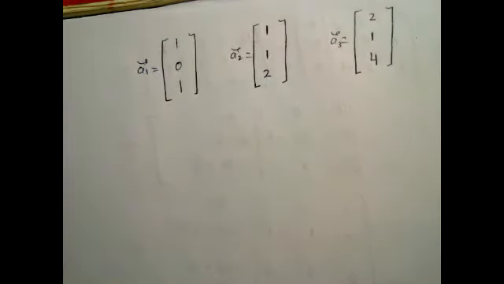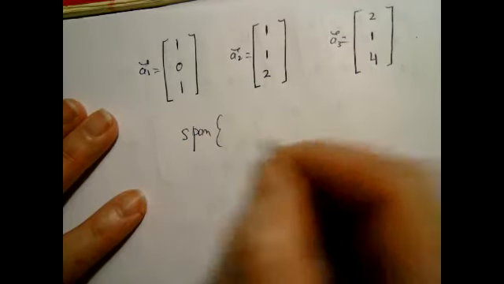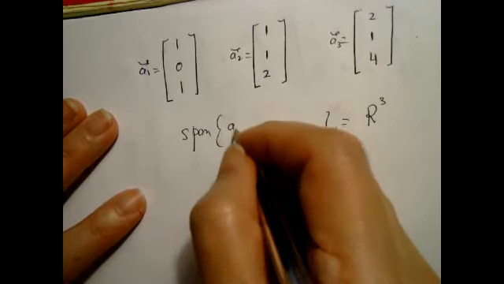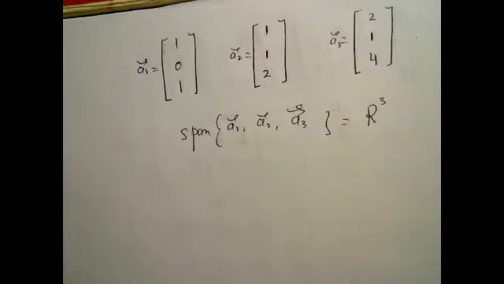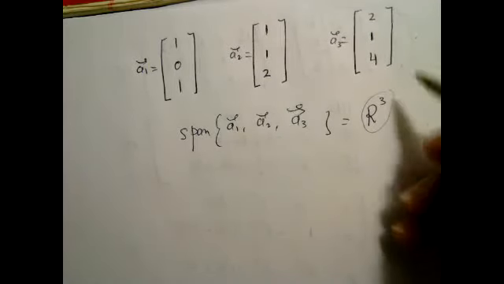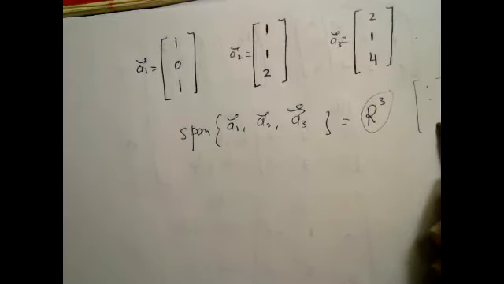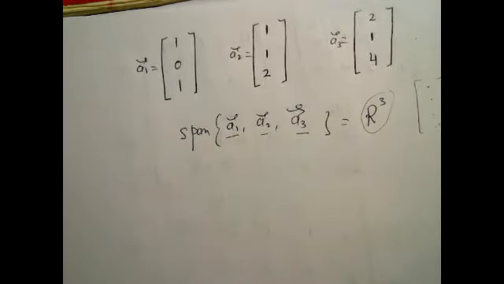And then I'm asking you, is the span equal to R3? First, you have to understand what I am talking about. It means if I pick any vector here, regardless what I put here, can I write it as a combination of A1, A2, and A3?